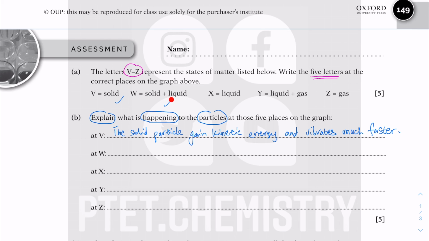At this stage, when you have both solid and liquid at W, so melting is occurring, because melting is in process, so it is occurring at that moment.